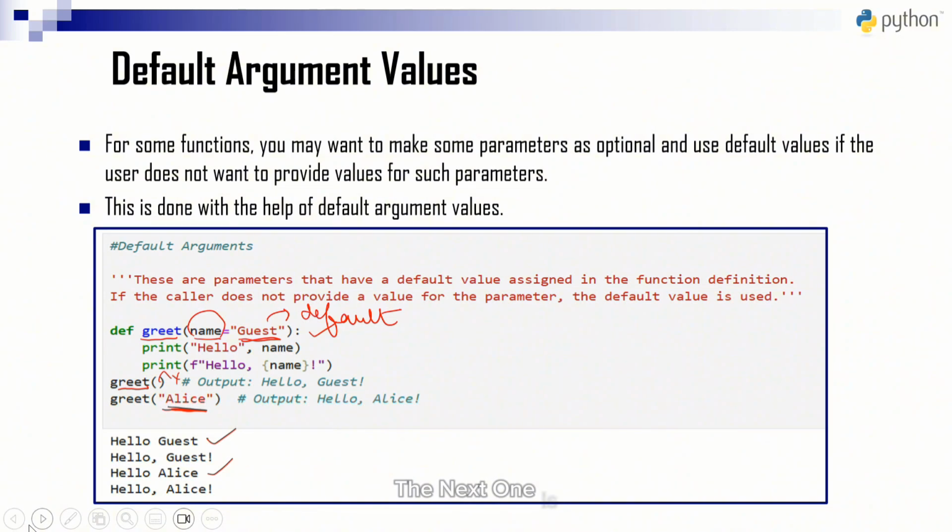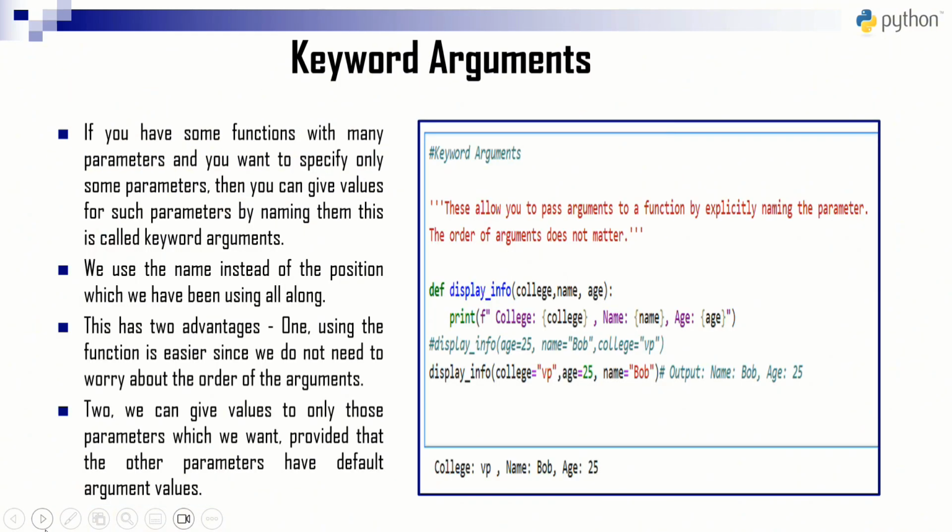The next one is keyword arguments. Okay, so in this you can see I have a function display info with 3 formal arguments, right? So now what is the meaning of this keyword argument? When I am calling a function, I need to use the name of the parameters.